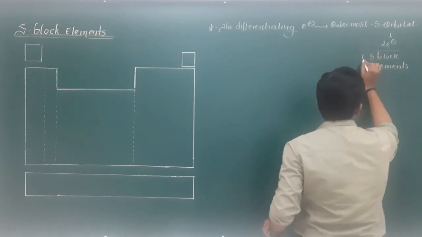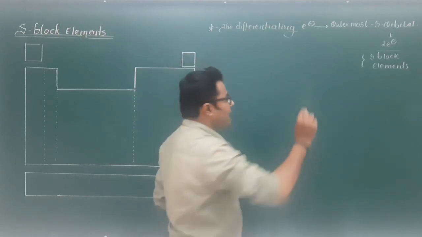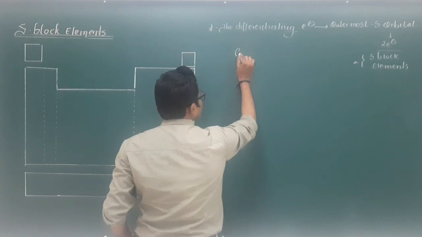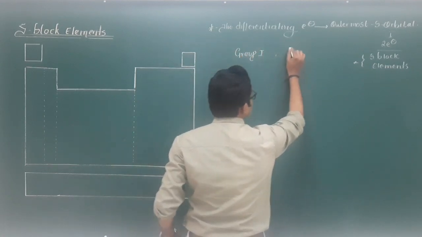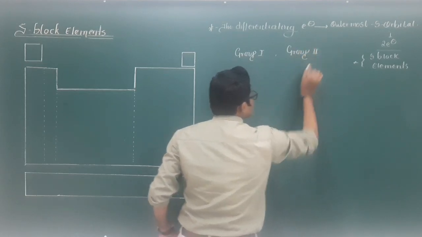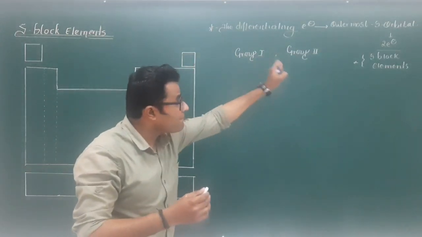Therefore, as it has a capacity to accommodate 2 electrons, this entire s block is classified into 2 important groups, group 1 and group 2. In the entire periodic table, where do we find these s block elements?